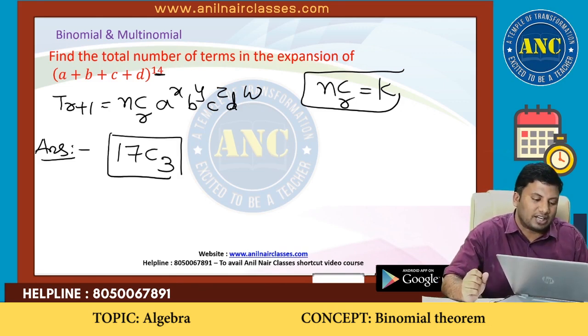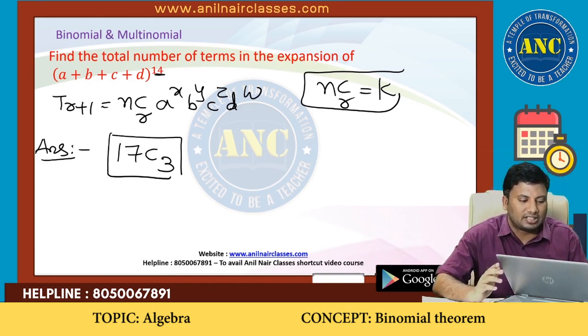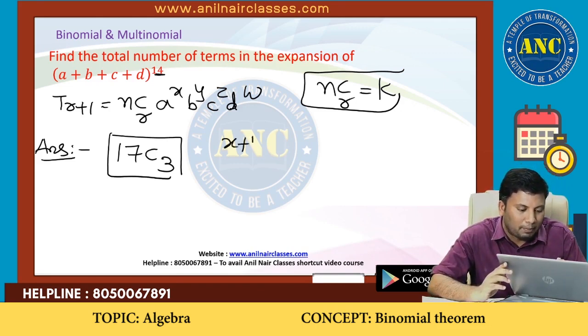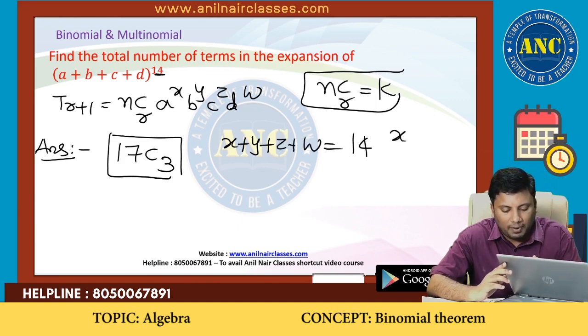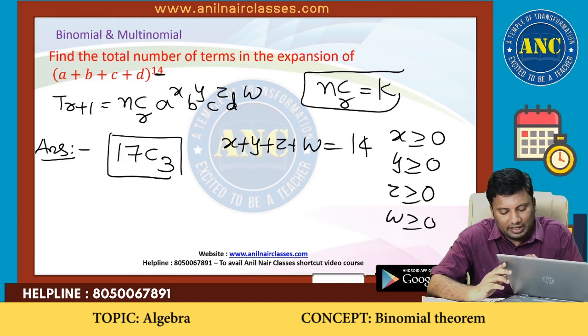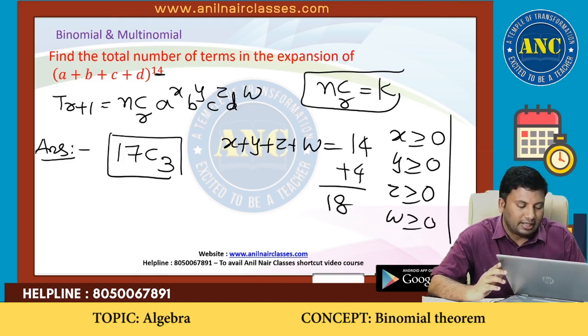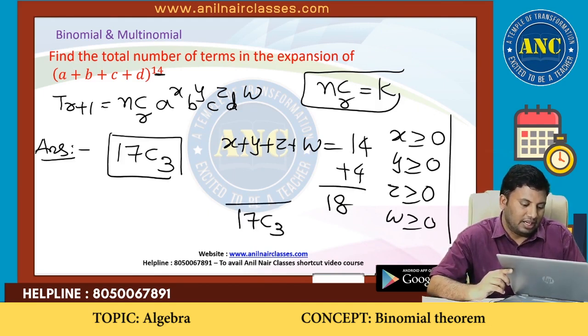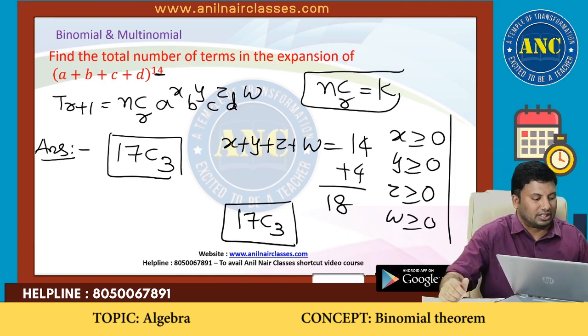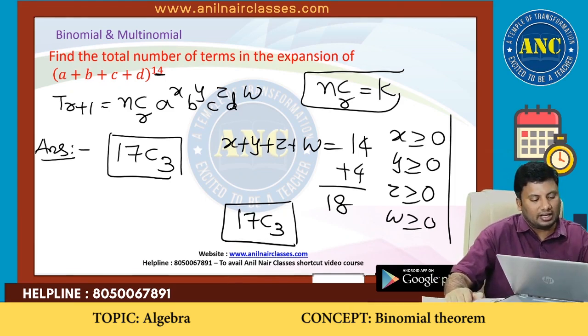Directly in 5 seconds you will get it. In case you want the approach, the sum of the powers should be equivalent to the power of the given question. A power can also take 0. 14 plus 4, 18, which is nothing but 17C3, the number of distinct terms. I hope the idea is clear.